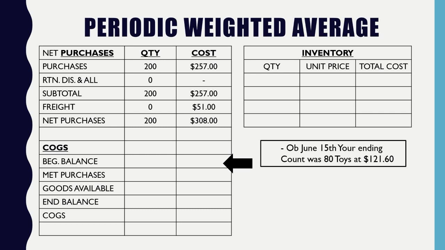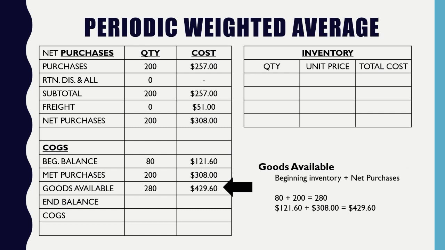So now that we plugged in our net purchases, we now need to add together our beginning inventory, which we had 80 units at $121.60, right? We bring down our net purchases. That's going to give you my goods available to be 280 units at a grand total cost of $429.60.